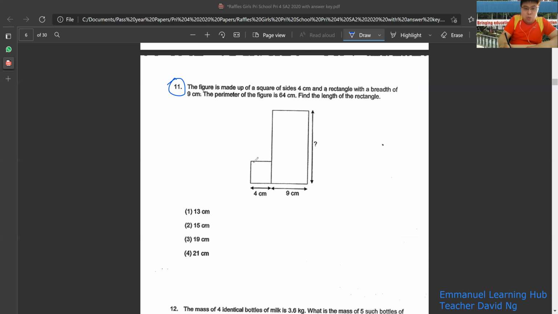Okay, let's examine now. What is this length here? 4. What is this length here? 9.